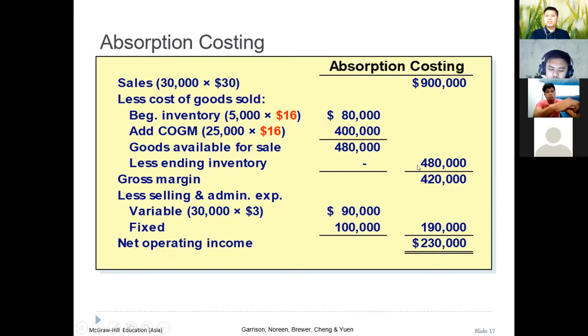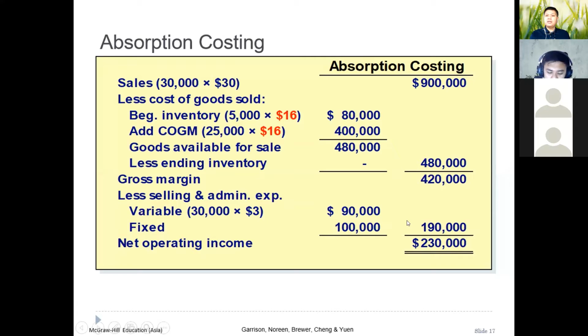The gross margin is 420,000. Now you go to your selling and administrative. How many were sold? 30,000. The variable rate is 3. 30,000 times 3, that's 90,000. And then you have the fixed selling and administrative, which is 100,000. Here you have a total of 90 plus 100, that's 190,000.